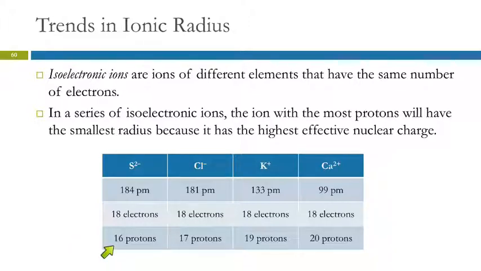What's different is the number of protons in the nucleus: 16 protons, 17, 19, and 20. So 20 protons is going to have a stronger pull on the electrons, and so this is going to be smaller than the others. 16 protons, much less pull. This one's larger. It's actually twice as big, but we just need to know the trend.